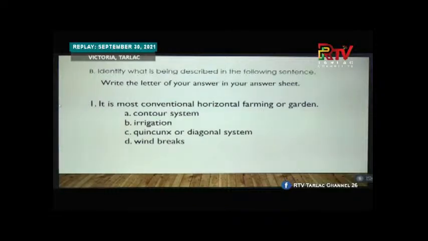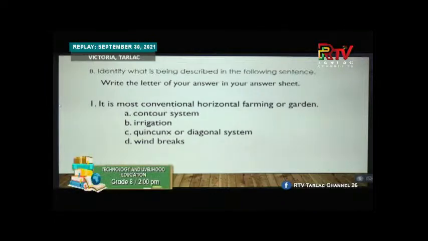Letter A, contour system. Letter B, irrigation. Letter C, quincunx or diagonal system. And letter D, windbreaks.